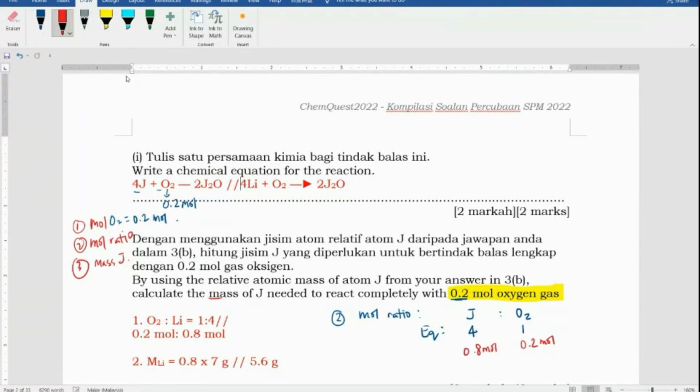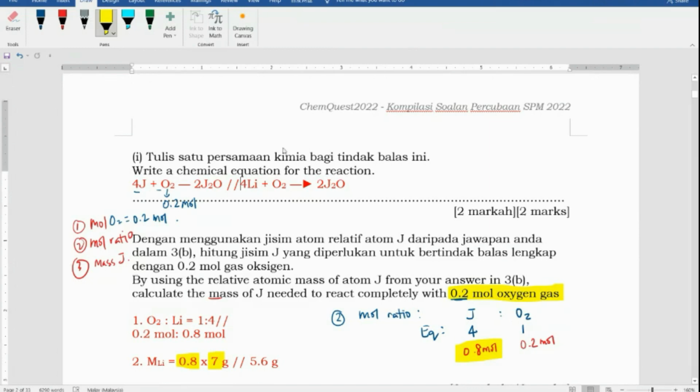Is this okay? Meaning that now your mole for the J is 0.8. Then finally you can find the mass of the lithium. So it's 0.8 from here. Then the relative atomic mass for the J, just now is 7.